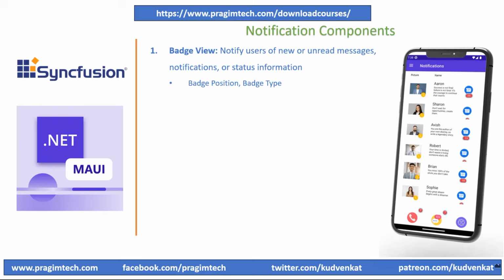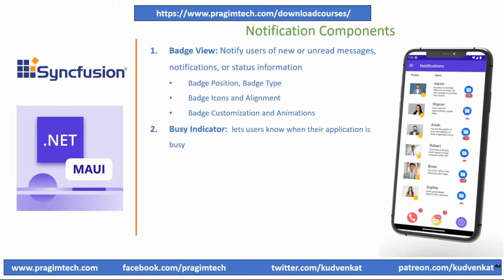This control typically allows you to customize the appearance of the badge, including its background color, text size, color, and shape to match your application's design and branding. Additionally, you can dynamically update the content of the badge to reflect real-time changes or updates in your application.